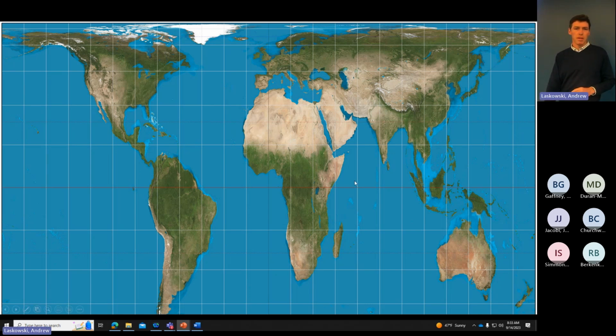It means that Iceland here is going to have an accurate area distribution. If we had a map scale here, we actually traced the outline of Iceland and calculated the area, it would be an accurate comparison between Iceland and, let's say, islands down here in Southeast Asia and Japan.